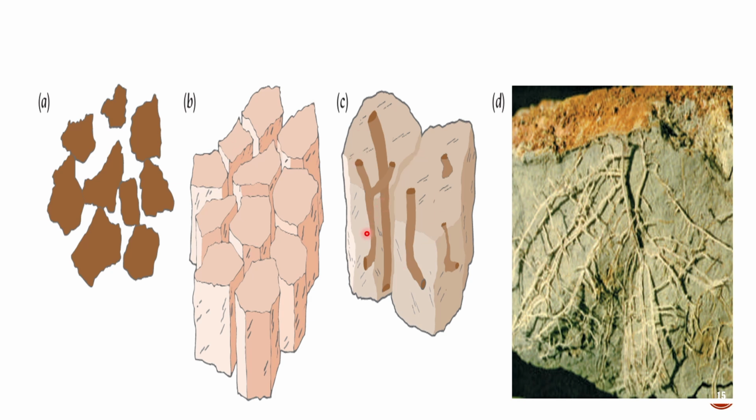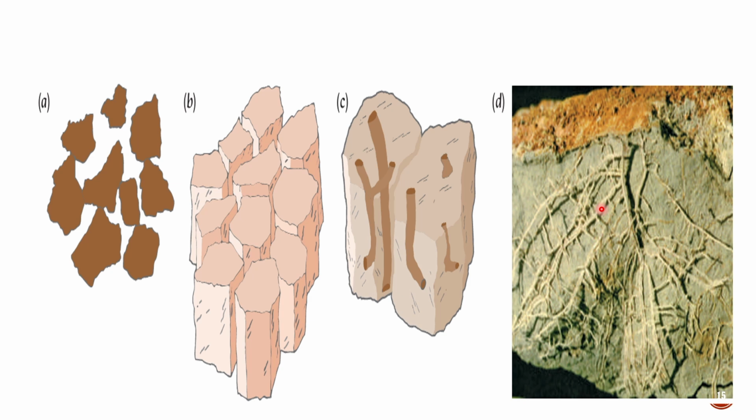The next is the pores formed by earthworms, insects, and also plant roots. Those pores are known as biopores. They are made by biological organisms, so they are known as biopores. They look like channels, like water channels. You can see that. This is a plant root.